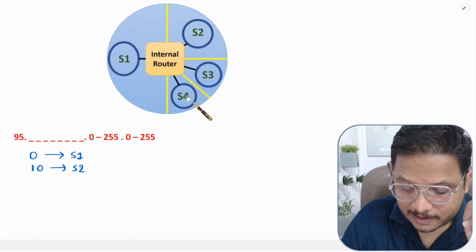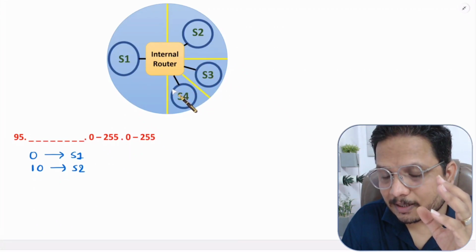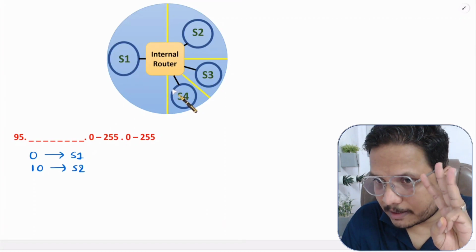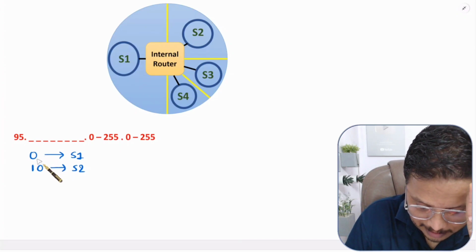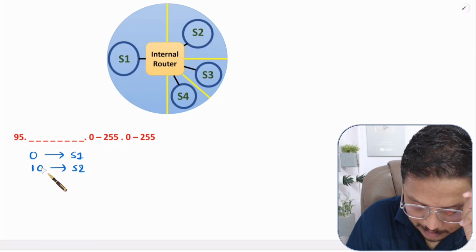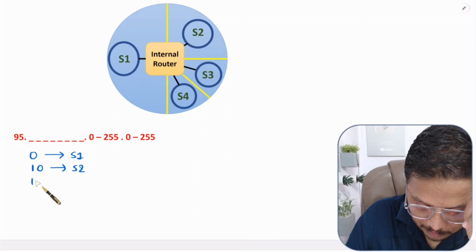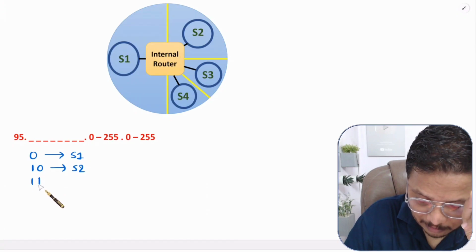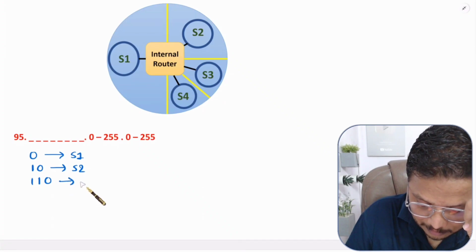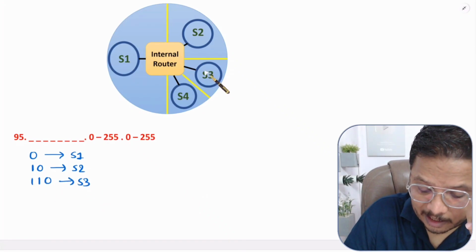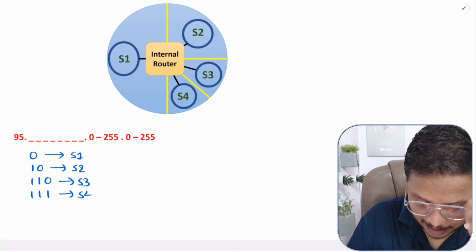Now you see S3 and S4 have 1/8 of the size. So 1/8 of the size can be selected by 3 bits. Now if you observe, 0 0, then 0 1, then 1 0 are already taken by S1 and S2. Now if you say 1 1, then after 1 1, S3 has 1 1 0, which will be the selection criteria for S3, and 1 1 1 will give selection to S4, right?